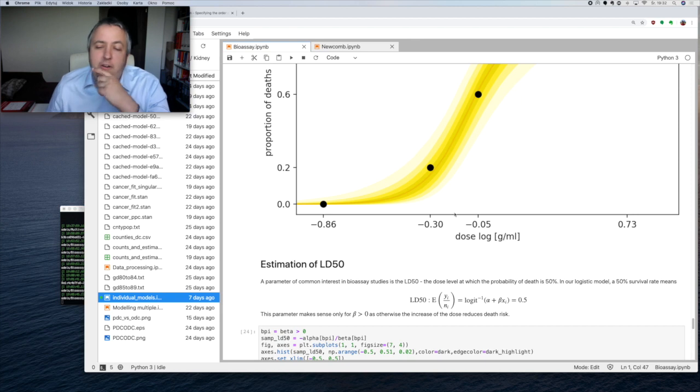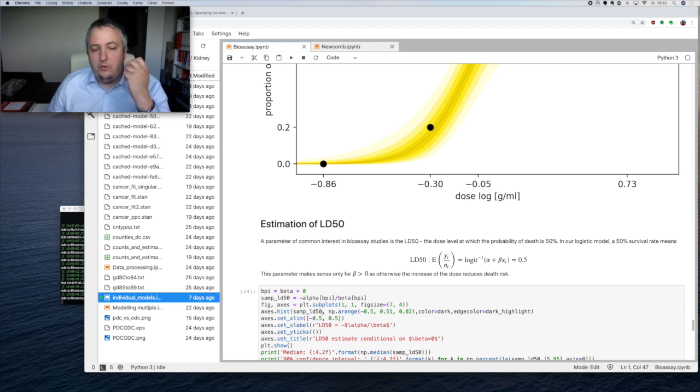However, we need to remember that this parameter makes sense only if increasing doses increases the lethality. So beta has to be greater than 0, and for that we'll just take those beta greater than 0 and use them for sampling our values.